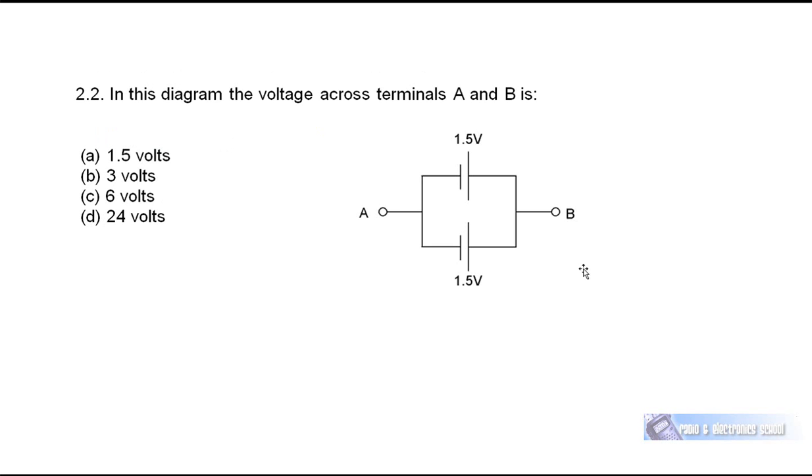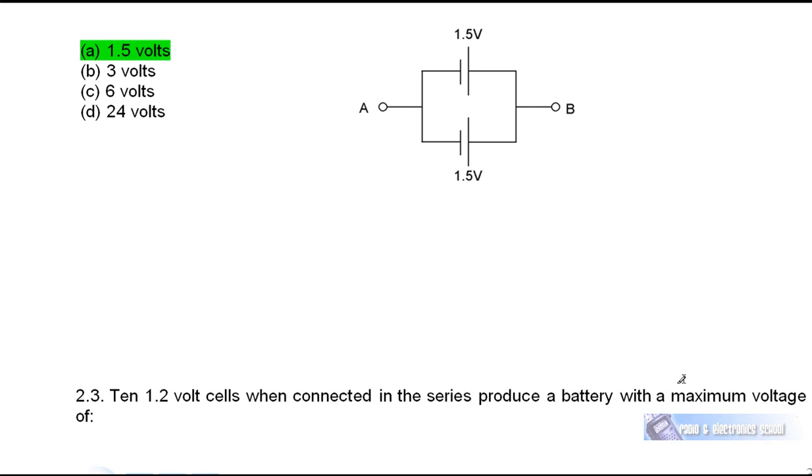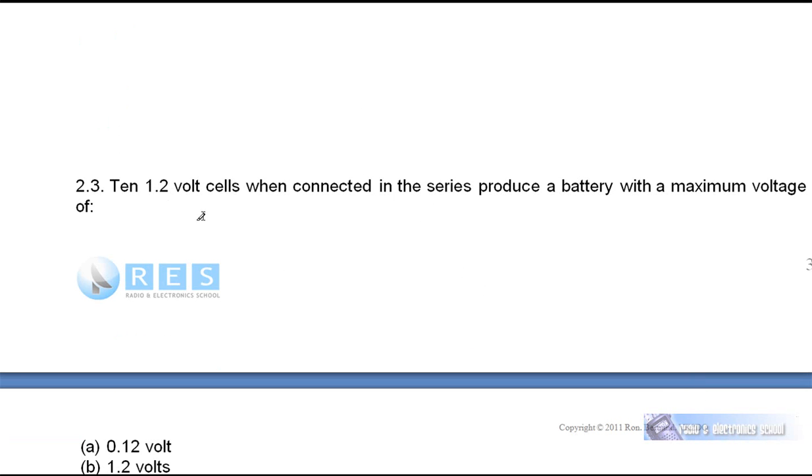Question 2.2, in this diagram the voltage across the terminals A and B is what? Well, the cells are connected in parallel, and when you connect cells in parallel, you increase the current capacity of the cell, but you do not increase the output voltage, so the voltage will remain at 1.5 volts.